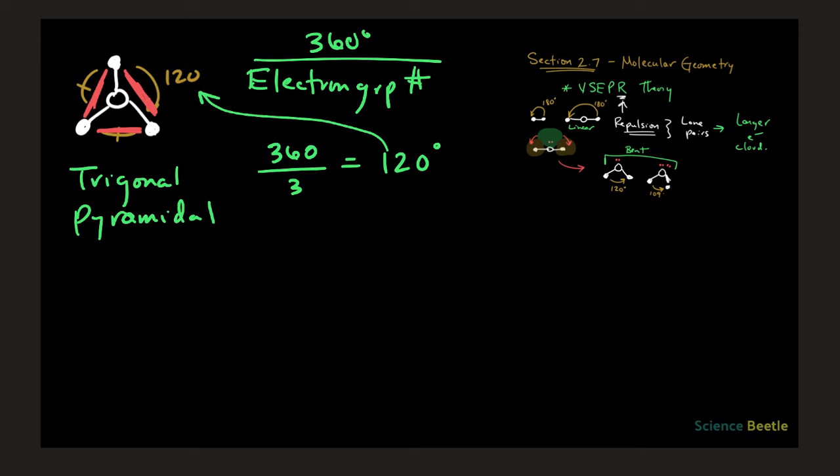And the unique thing about this particular shape is that it is going to be flat. If I look at it from the side, you're going to see at the center atom, it'll resemble the 3 atoms from the side. But if we actually tilt it a little bit, you can see that the other one is back there. And so we'll draw this one kind of like a wedge coming at you. So that's kind of what that looks like. Okay, so that's the trigonal pyramidal.